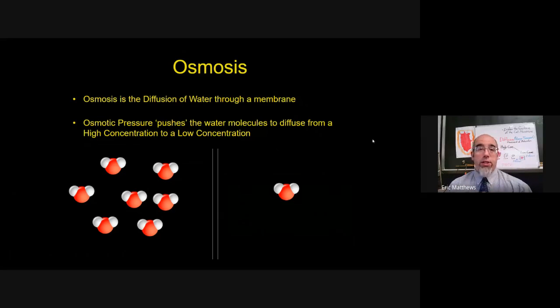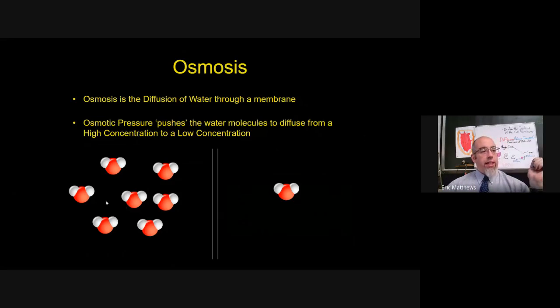The only difference is that because water is such an important molecule for all life, we wanted a separate way for us to refer to it. Because the movement of water can be the difference between life or death, we didn't want to confuse it with just diffusion, which can be anything. So understand, osmosis and diffusion are the same thing. It's just osmosis is based on water and how is water moving.